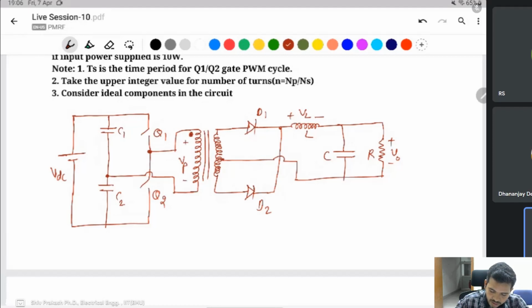Dot polarity. I take the turn ratio as n to 1, primary to secondary turn ratio.